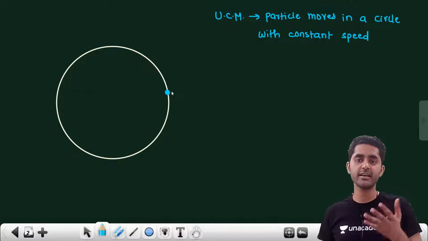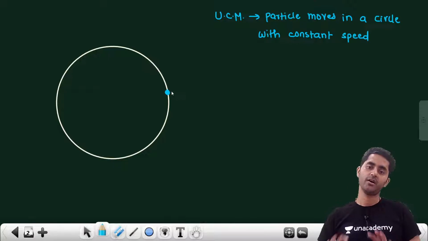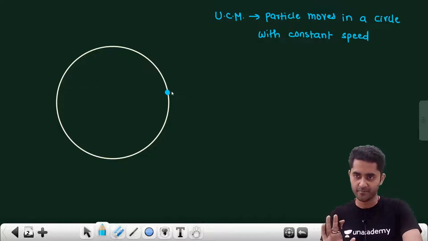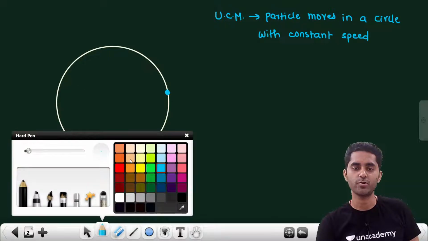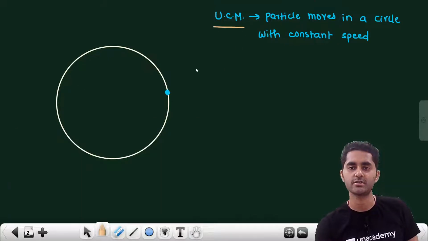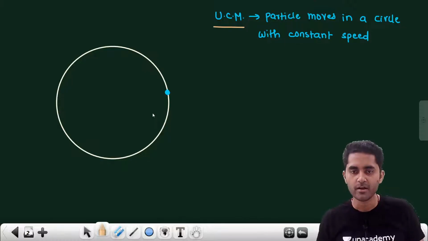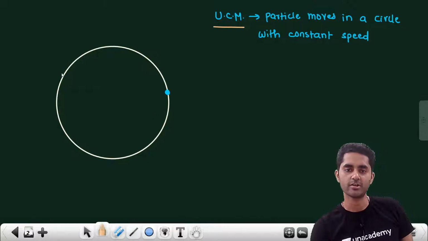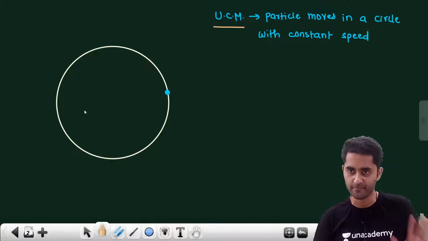Obviously it is an accelerated motion, with a centripetal acceleration towards the center. In uniform circular motion also, velocity is not constant, but speed can remain constant. If the speed of the particle remains constant in a circular motion, it is called uniform circular motion.